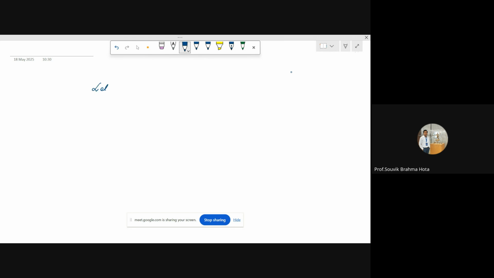Let the vectors be (2 + a + b) i cap + (a + 2b + c) j cap + (-b + c) k cap.